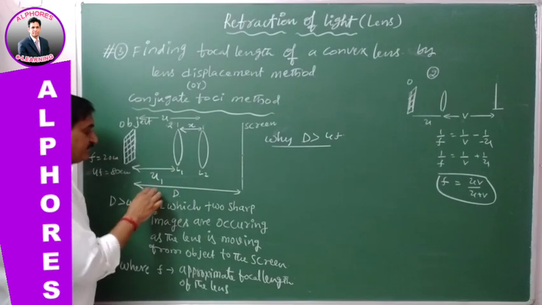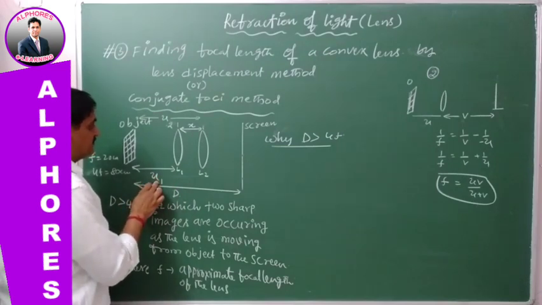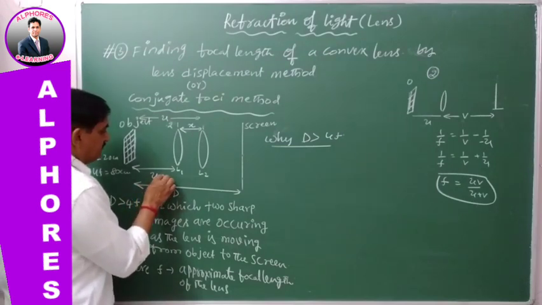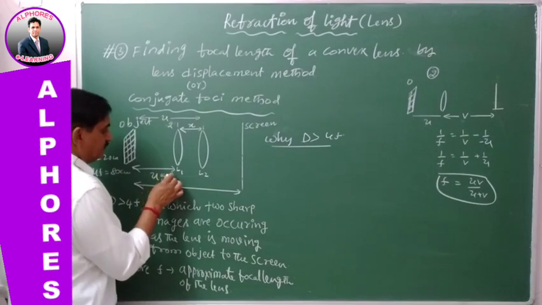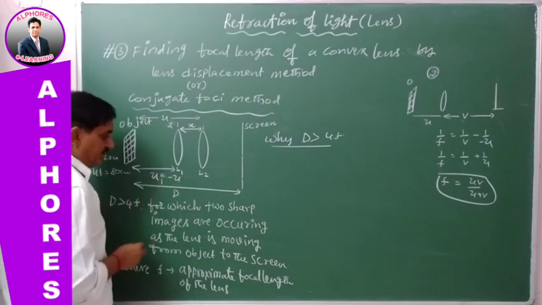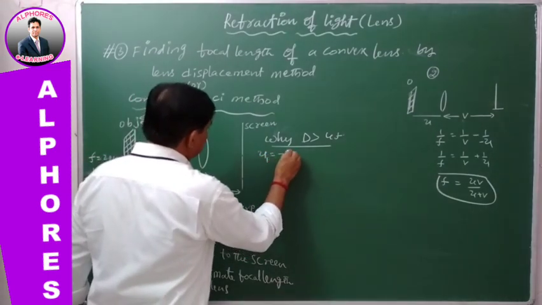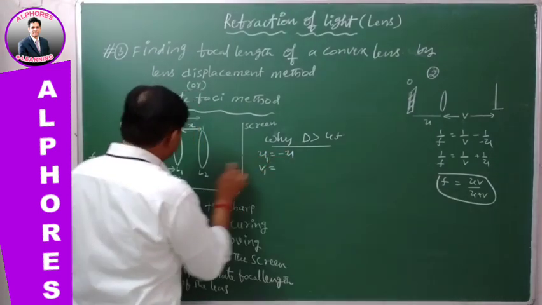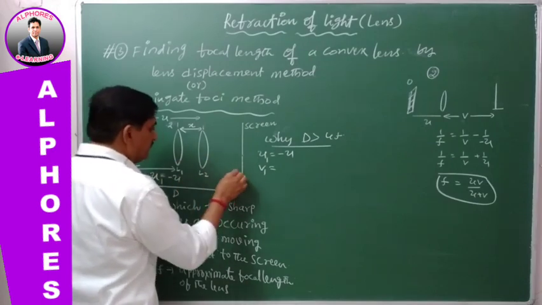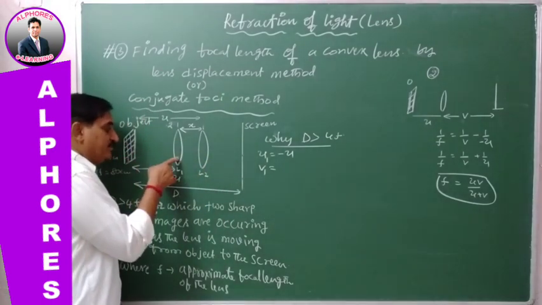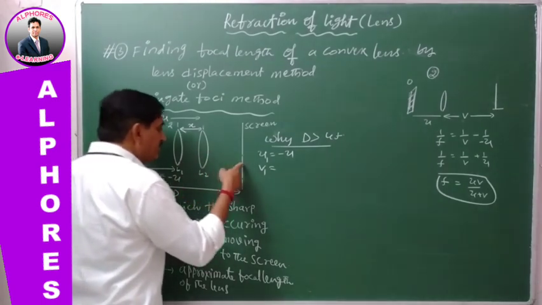Suppose I take the object distance u1 equal to minus u, and the corresponding image distance is v1. From here to here is the object distance, and from here to here is the image distance.